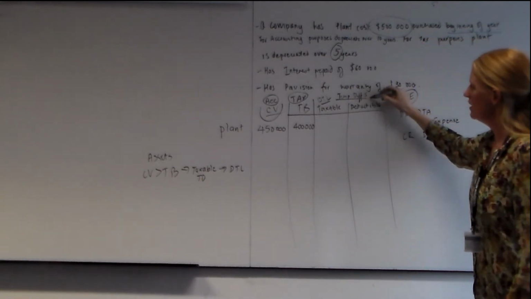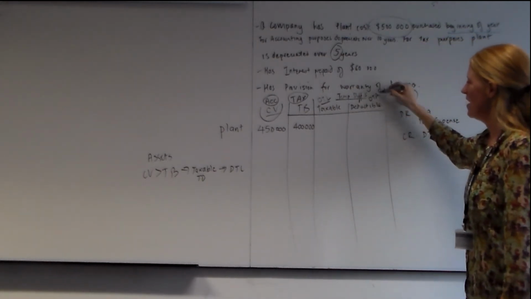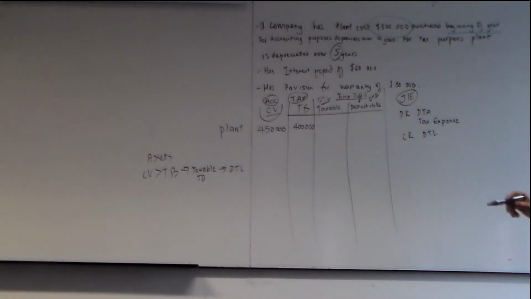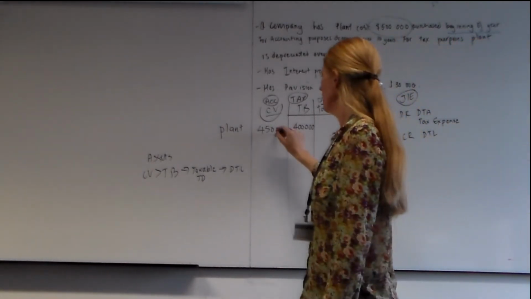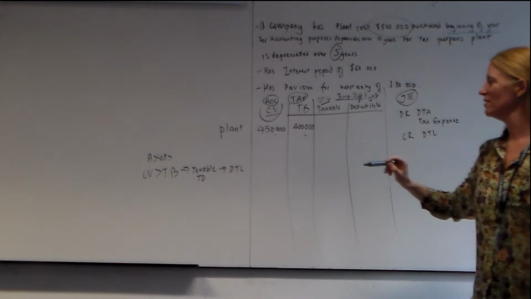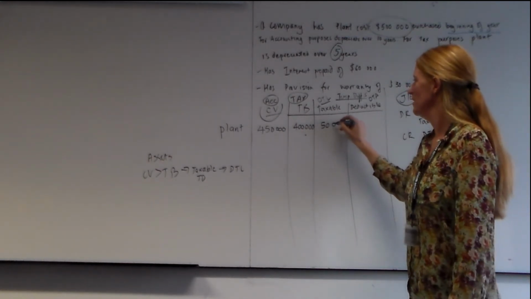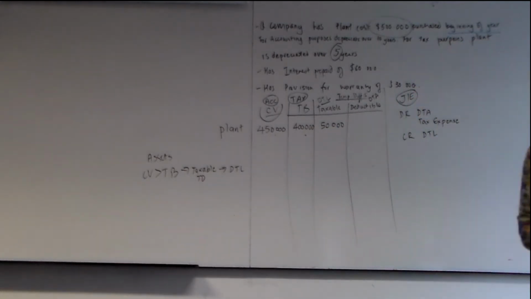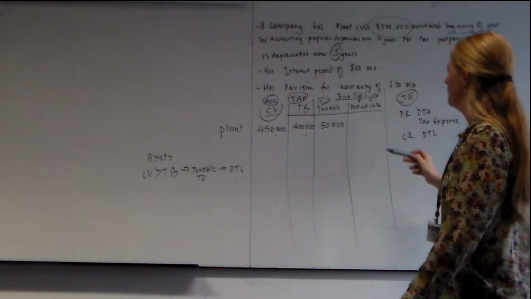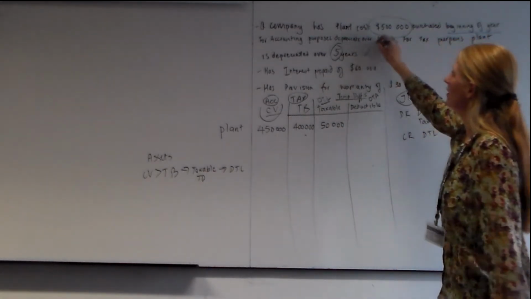The deductible ones lead to a deferred tax asset. Here the carrying value is greater than the tax base. Therefore, it's a difference of 50, and it's a taxable difference. Okay, so we've done the first thing here.